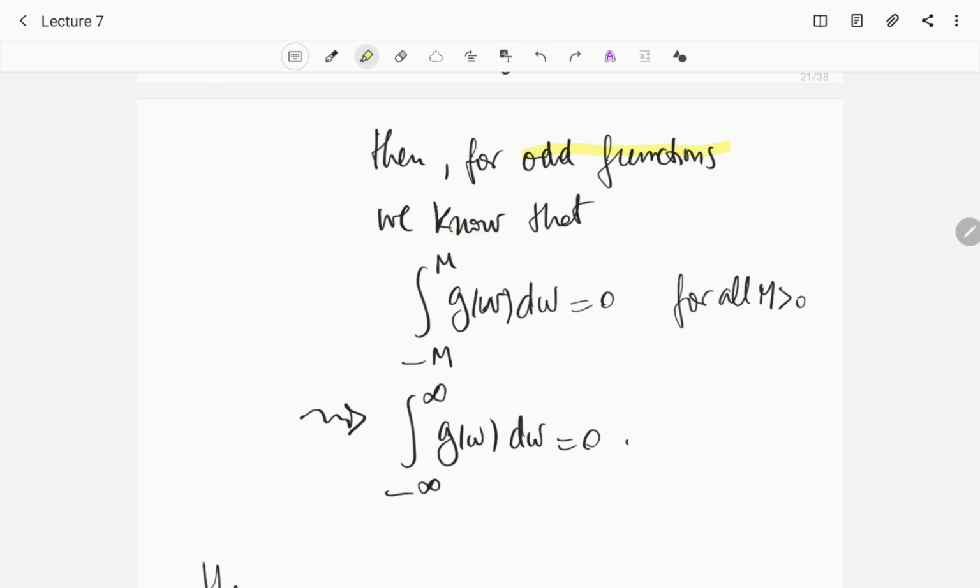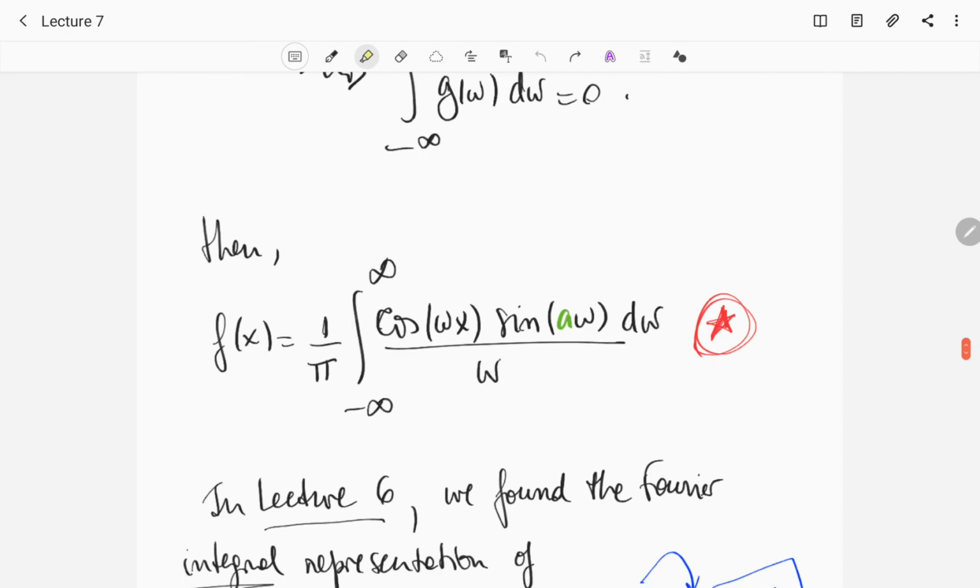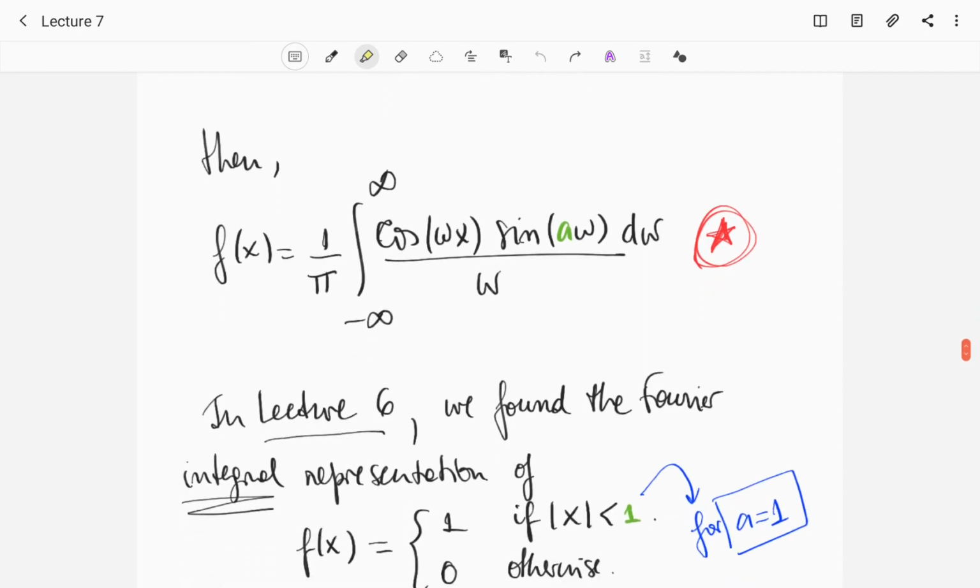Okay, so going back to our computation, the second integral just died, and now we have that f of x is equal to 1 over pi, the integral from minus infinity to infinity of this function, cosine omega x sine a omega divided by omega.